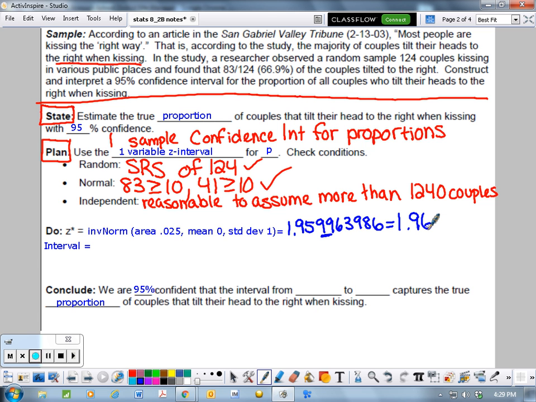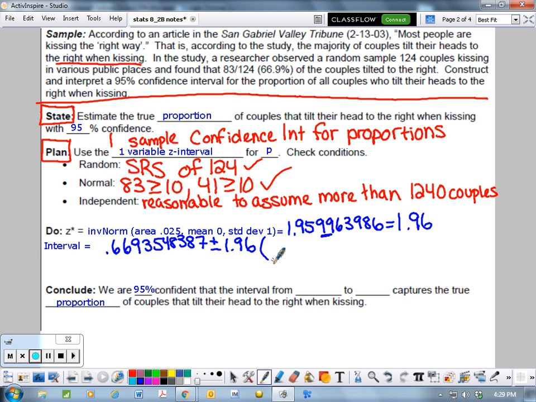Now, how do we calculate our interval? Well, let's start with our original proportion, 83 divided by 124. So 0.6693548387 plus or minus that z value, 1.96, or you can use the full value, times our standard deviation. So what's our standard deviation?